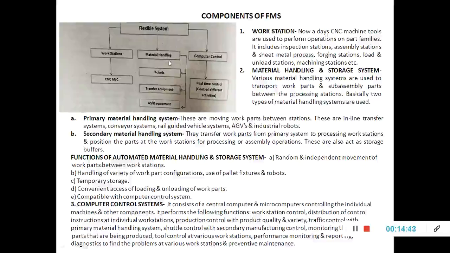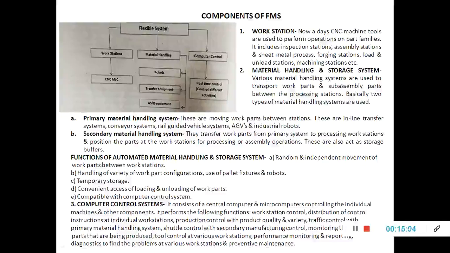Nowadays all these workstations are CNC machines, VMC machines, HMC machines or robots. These type of machines are going to be used, which includes the inspection section, assembly section, sheet metal, forging, loading and unloading, machining stations, all are included in this workstation.